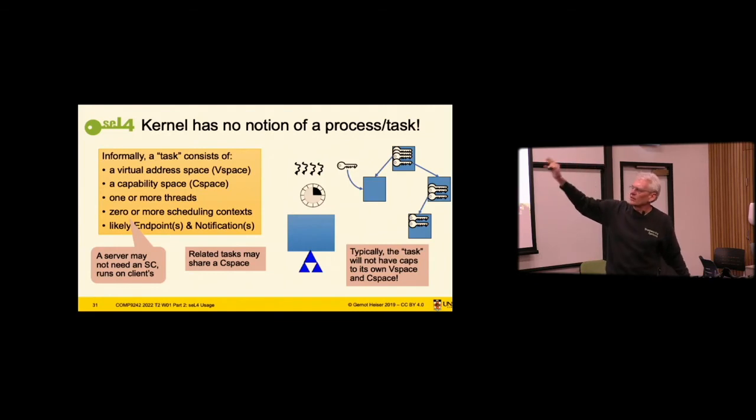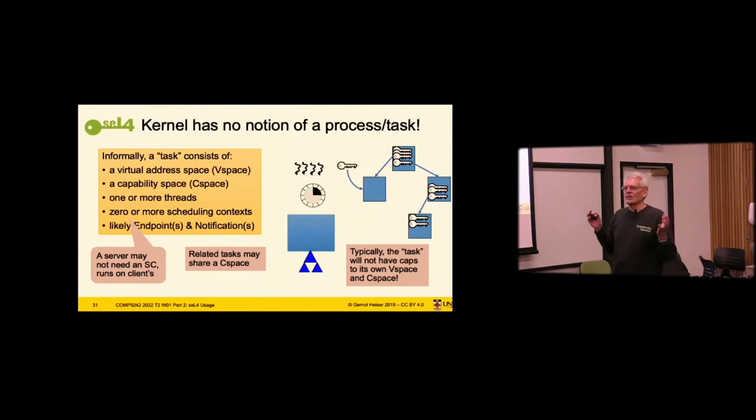Also, the typical design is that every process has not only its own address space, but its own C space as well. And the difference, of course, between a single-threaded and a multi-threaded process is just whether you have one or more threads sharing a V space. The same applies to C space. You can share C spaces between threads across address spaces or not.